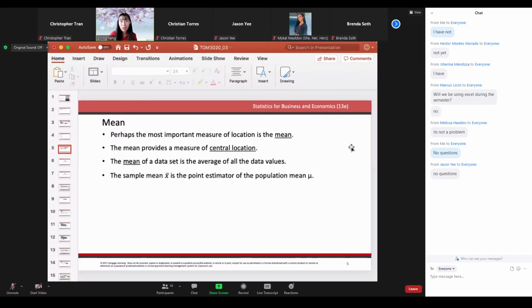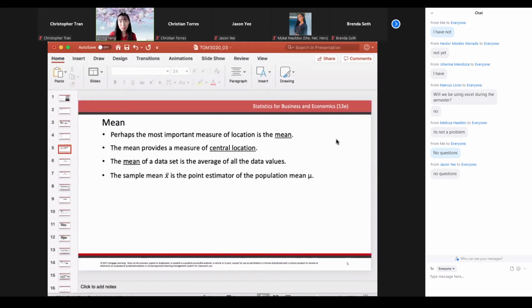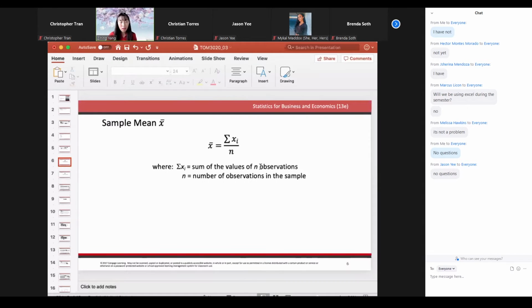So that's for the mean. In terms of calculation, we're probably familiar, right? If you want to calculate the average, you add all the numbers and divide by how many numbers you have.